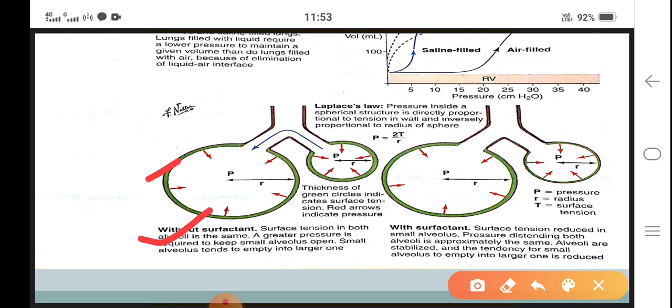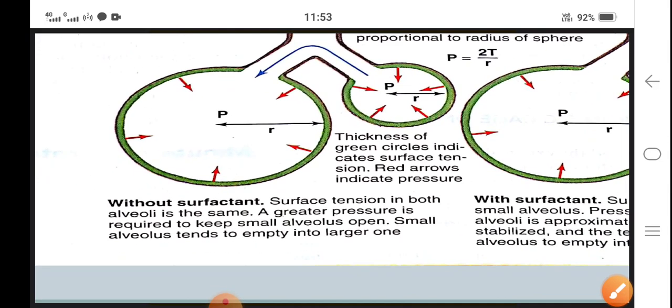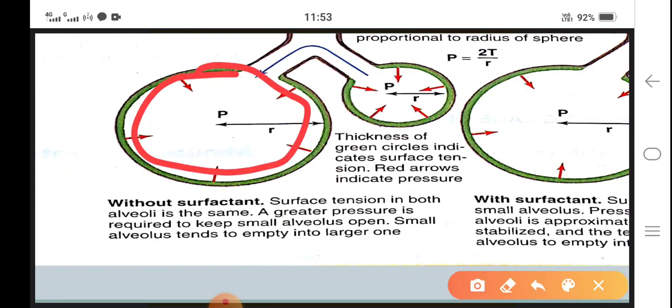To summarize this, we can see here in this slide, this is the alveolus without surfactant. Surface tension in both alveoli is the same. A greater pressure is required to keep a small alveolus open, and a small alveolus tends to empty into a larger one.